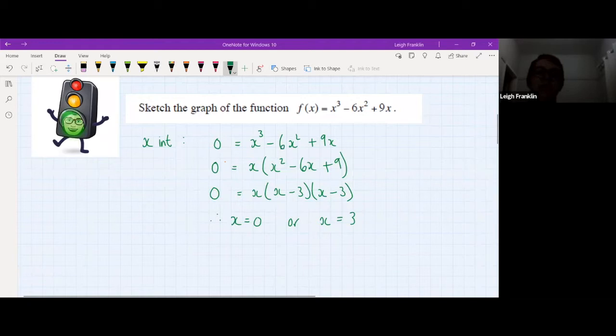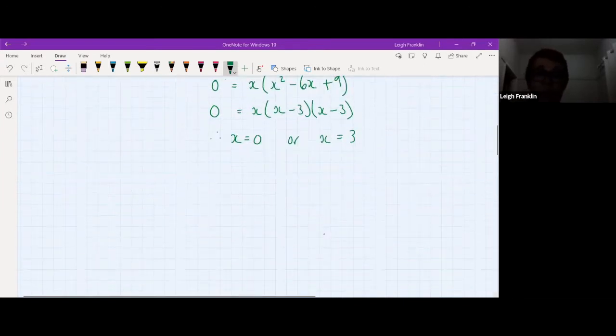Exactly. The repeated bracket. Beautiful, Hope. Yes, Mohammed. The same bracket twice is the dead giveaway. So that means that our x-intercept is also a turning point. So now we know for this particular function, we've got our x-intercepts and at least one turning point.